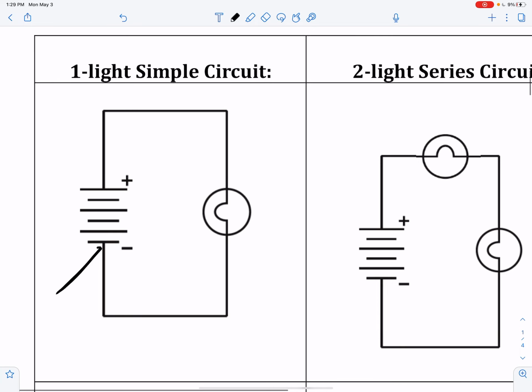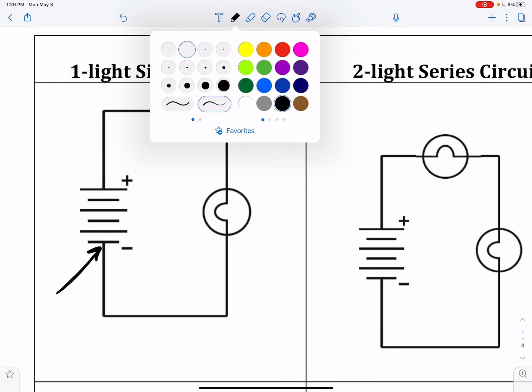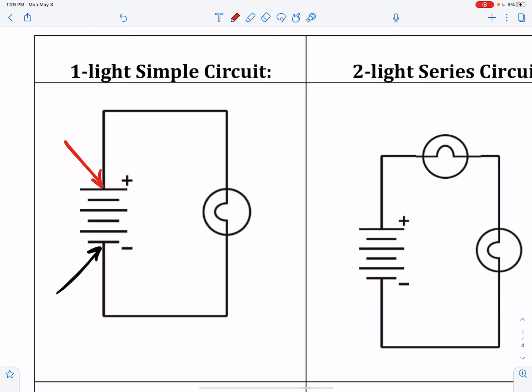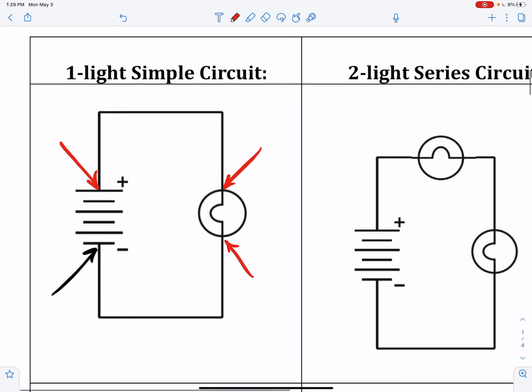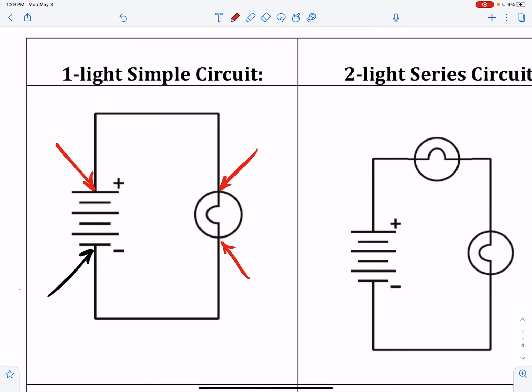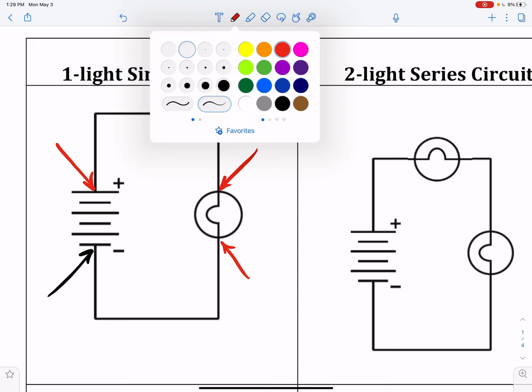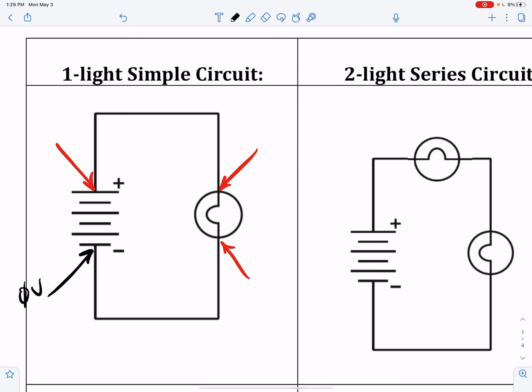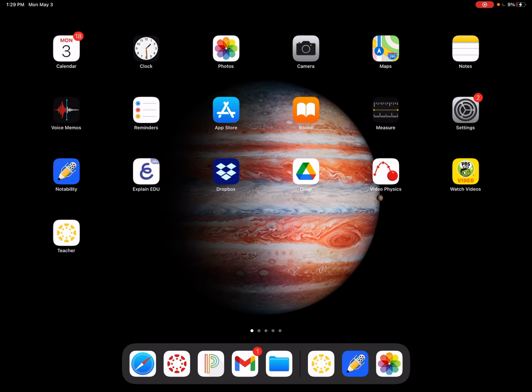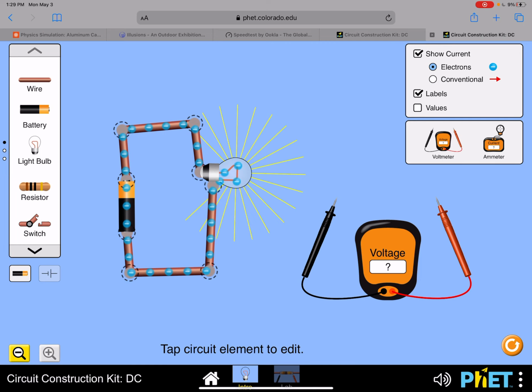You're going to start with the black lead here, and then take the red lead and touch it here, here, and here. And you're going to write down the electric potential that it's measuring. So here we go. We always start by calling the negative end of the battery 0 volts of electric potential. Then let's use the voltmeter to measure the rest.